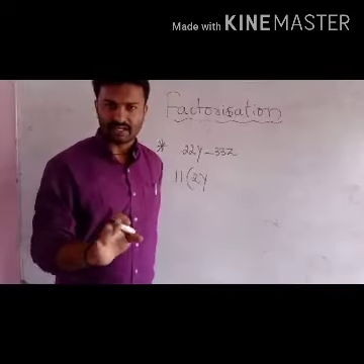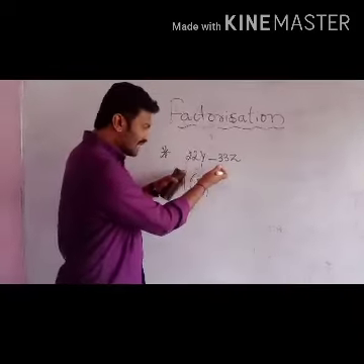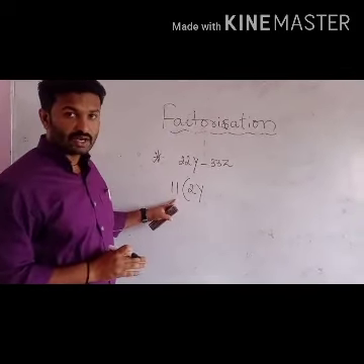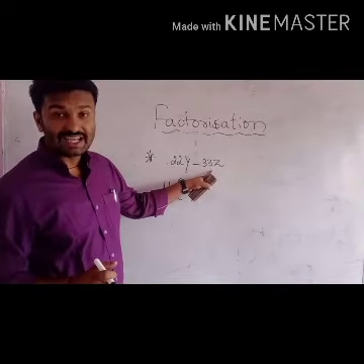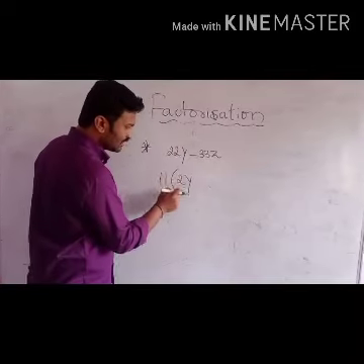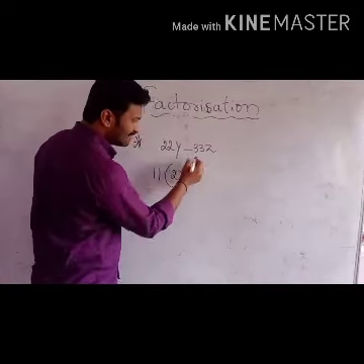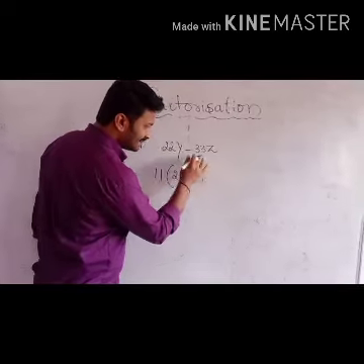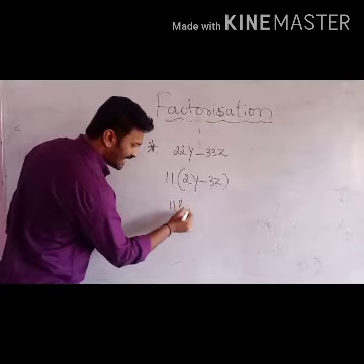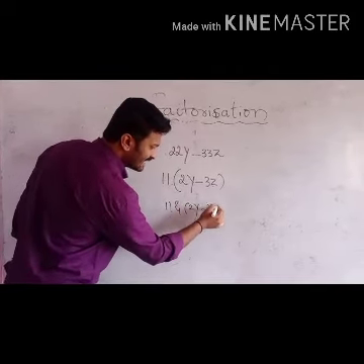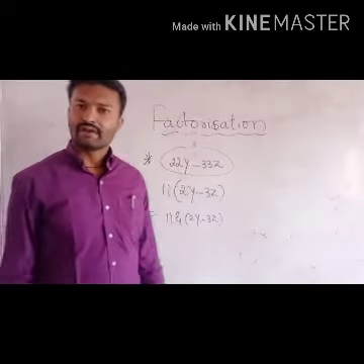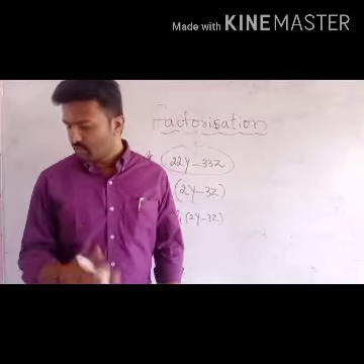Only in the numerical can we take the common, and 11 is the common. 11 twos are 22, with the minus sign as it is, 11 threes are 33, z as it is. Here 11 and 2y minus 3z are the factors of this binomial. Very simple. Okay, one more, next problem.